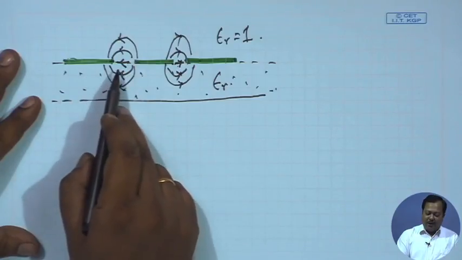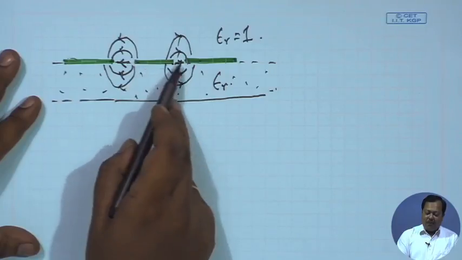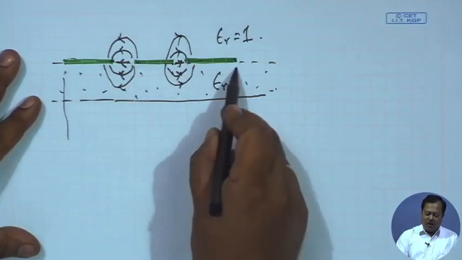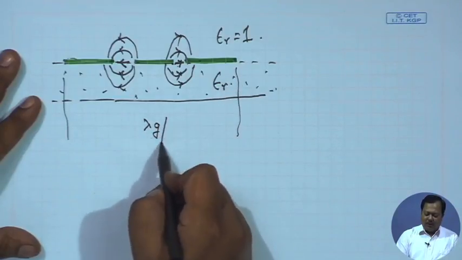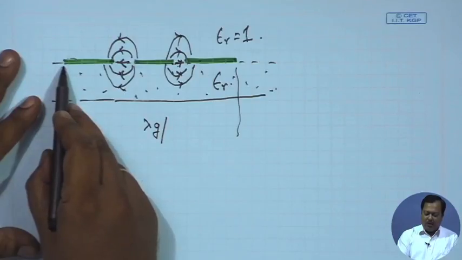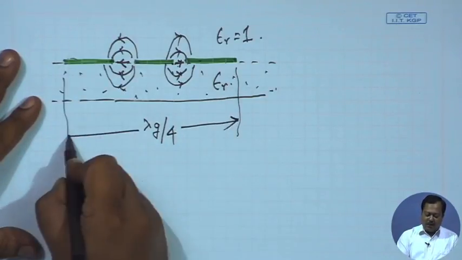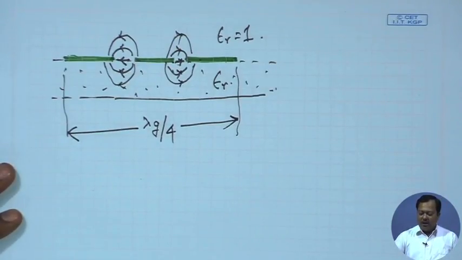We have similar FT1, FT2, FT3 and FT4 for the CPW line as well. So, in most of the cases, its effective width including the ground, left to right, should be less than lambda g by 4 to avoid any transverse resonance and to avoid any parasitic mode.